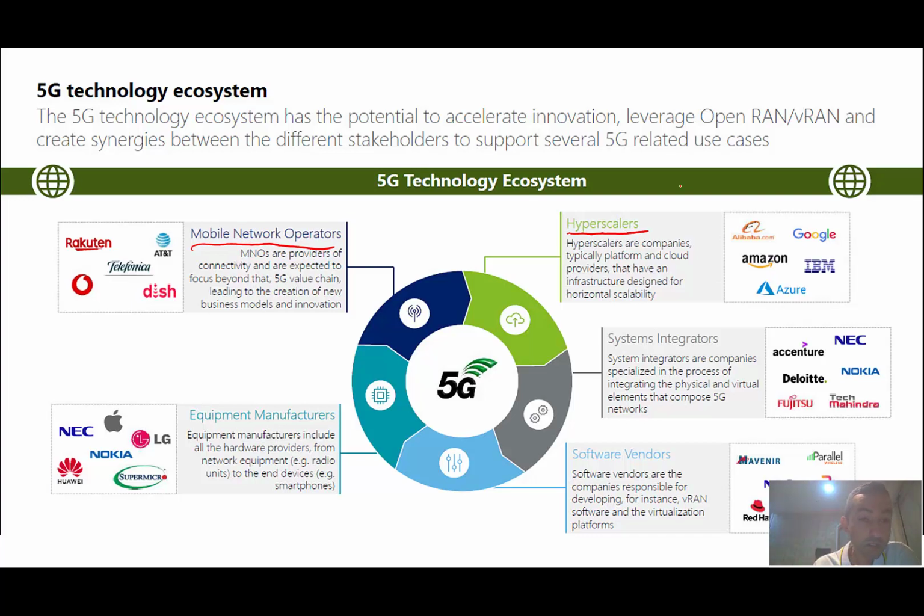I think their role is really important in this market. Equipment manufacturers are also very important, for example the device vendors. You can see here system integrators and also software vendors. This is the 5G technology ecosystem, and you can see that it is very wide in comparison to the previous generations.